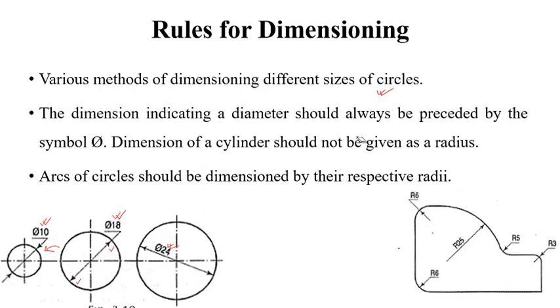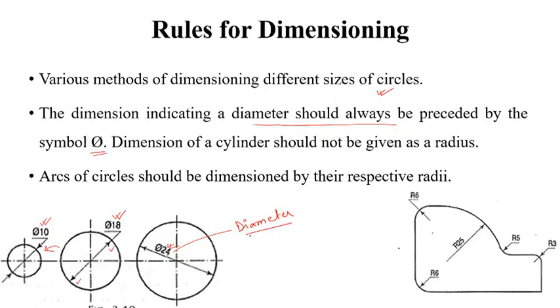Now while we place the dimension for circles, it is always recommended to give the diameter preceded by the symbol phi. So phi 24 means the diameter of this circle. The diameter of this circle is 24.